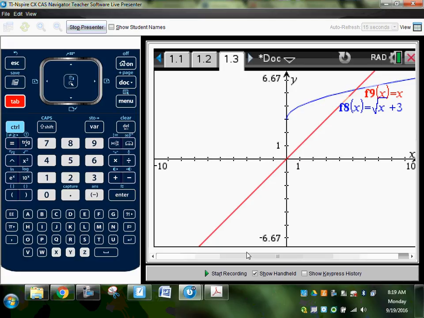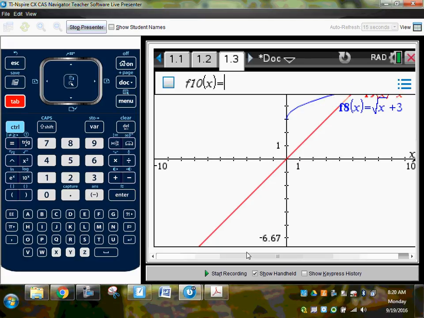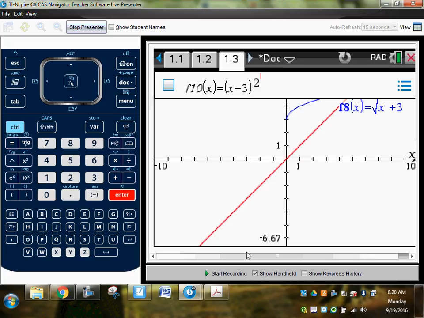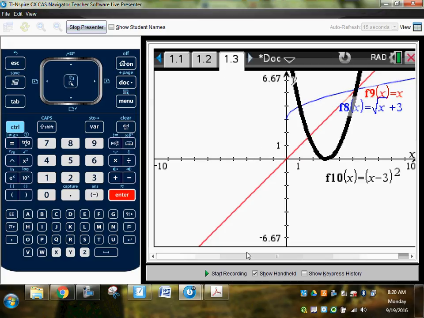Now our inverse, when we graph it out, so go in and plug in the quantity of x minus 3 being squared. The inverse gives you too much. So which piece of this black graph is the inverse of the blue one? Hands up, please, if you can tell me.